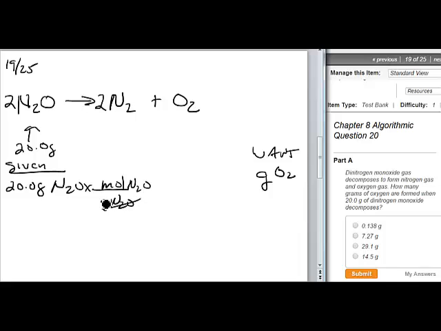And we'll look that one up, but that cancels those units, right? And then we multiply to get rid of moles N2O. We want to go to O2, so we go to moles O2. That is going to be out of the stoichiometry, so there's a 2 there and a 1 there.